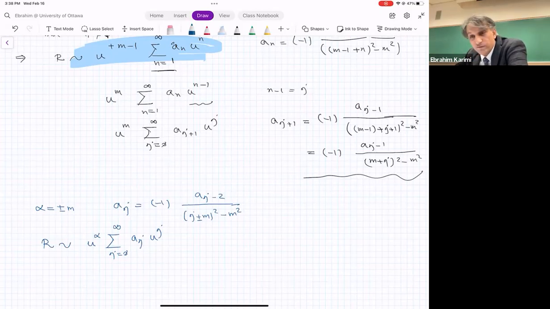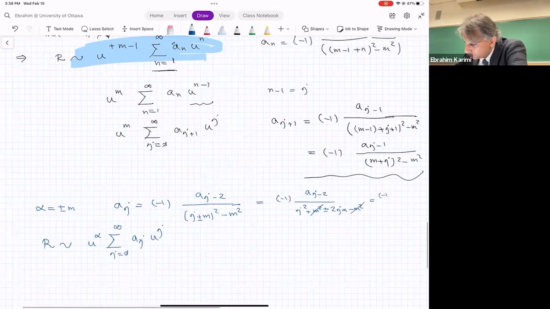We can even further simplify this. Let's do that and see what we get as a result. Minus 1, a(j-2). That coefficient will be j squared plus m squared minus or plus, depending on the value, 2jm minus m squared. The m squared goes away.